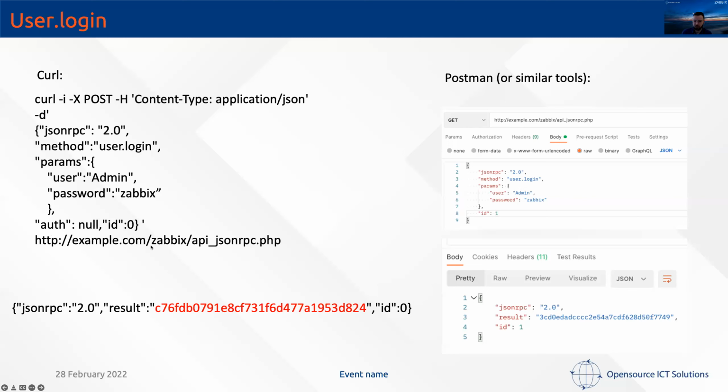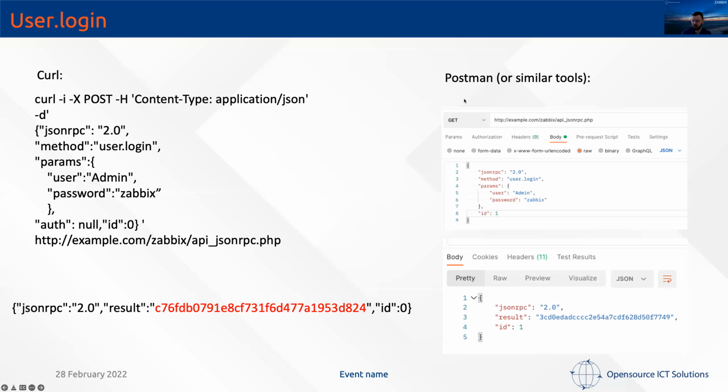Specify where you want to send it, and you will get a response in return: the authentication token that we can use from here on out to log in as this user. That's definitely a little less secure than using the API tokens because we have that plain text username and password, but it's a possibility.